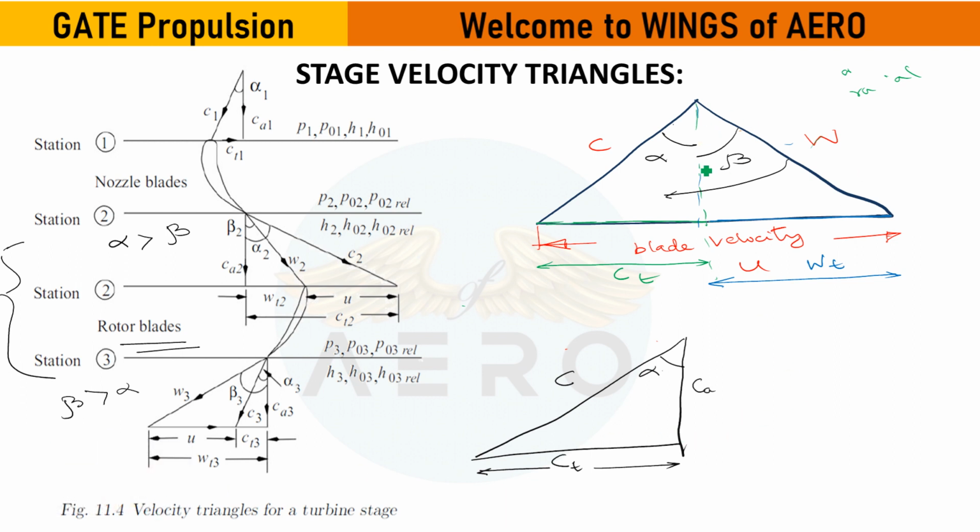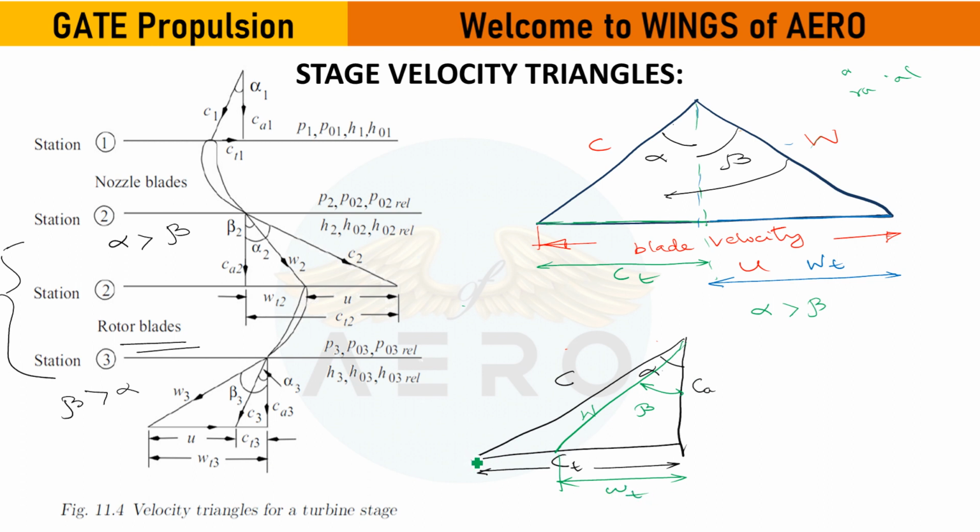Yes, ma'am. Now the other side I am going to flip to the other end. The condition is alpha is greater than beta. So alpha is greater, which means obviously there will be some part, beta. So this portion is my beta value. The C remains the same, and this is my W. And from here to here is my relative tangential.